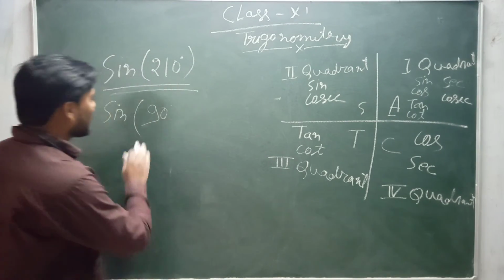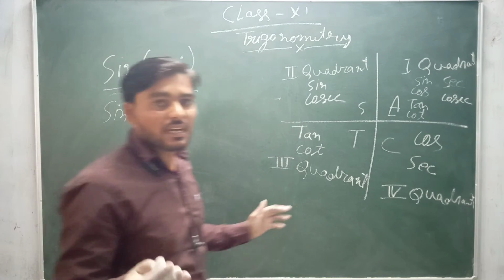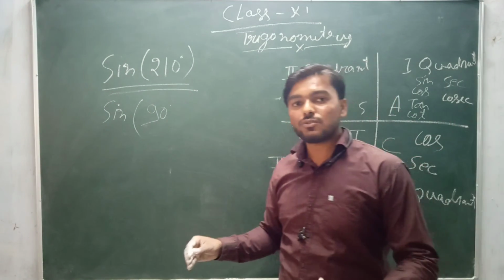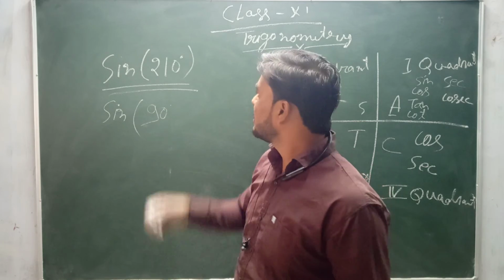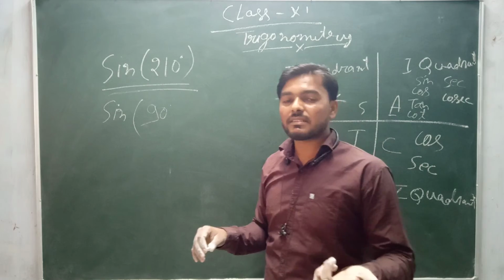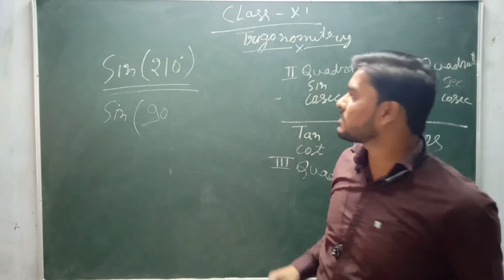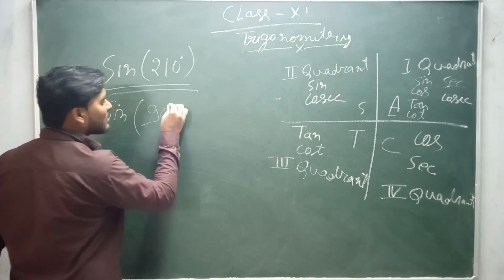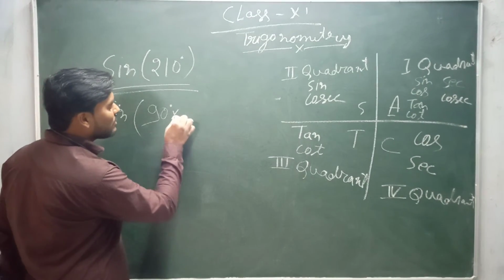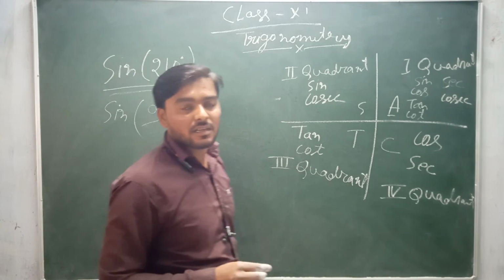Now multiply with 90. 90 into 1 is 90, it's smaller. 90 into 2 is 180, it's smaller. 90 into 3 is 270. 270 is more than 210. Then stop. Just take the lesser value, 90 into 2, that is 180.